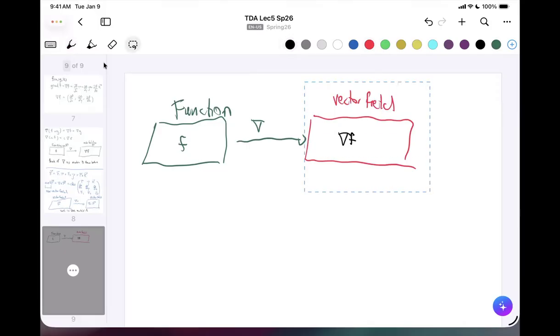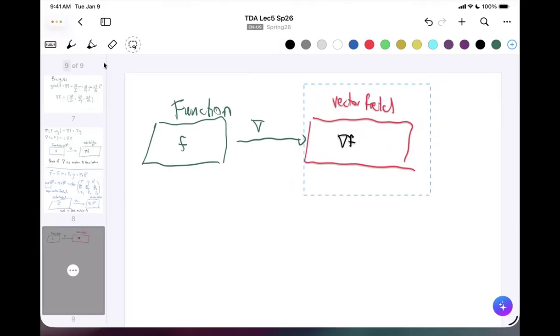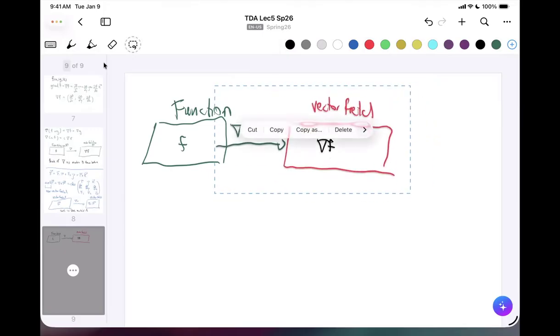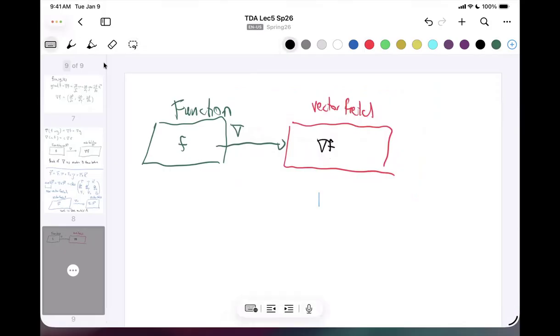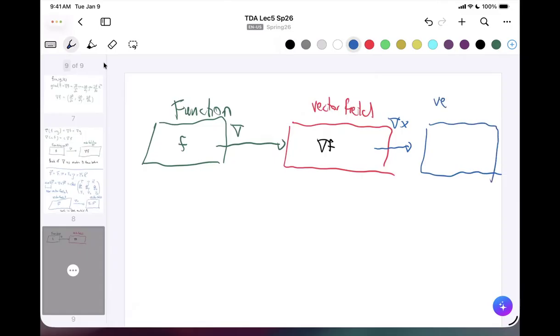Okay, let me see if I can move this a little bit. Okay, and then you can take the curl. This is going to be another vector field.